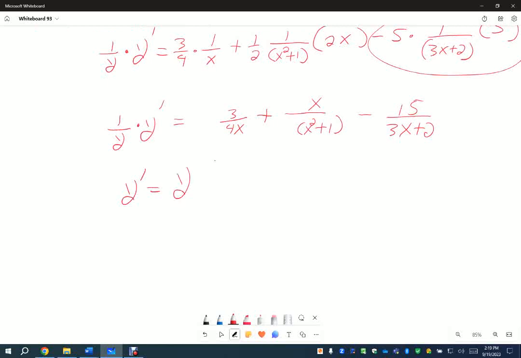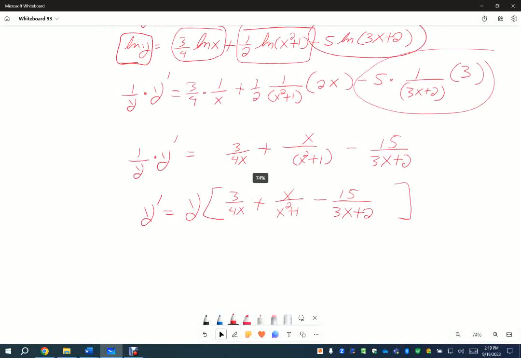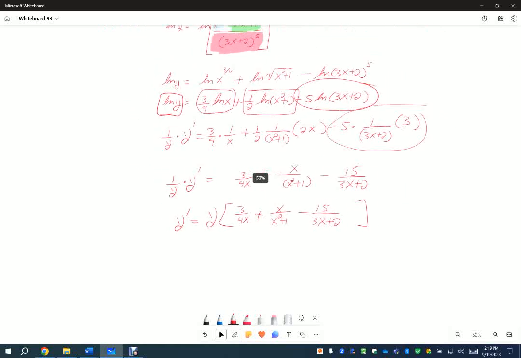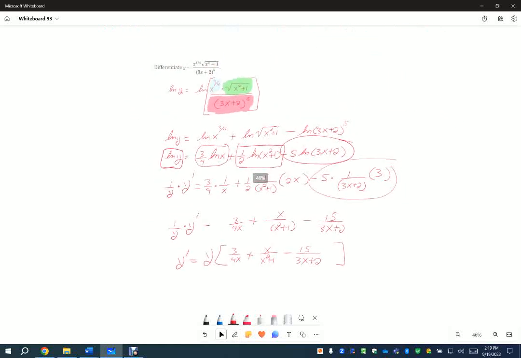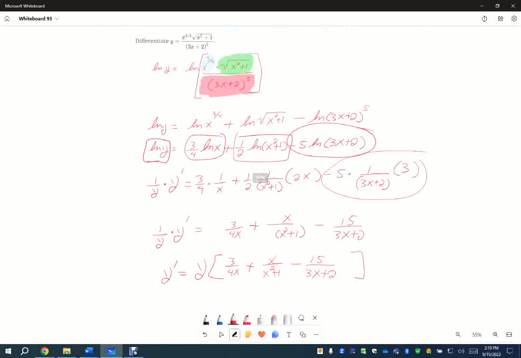So I have y times all of that, 3 over 4x, plus x over x squared plus 1, minus 15 over 3x plus 2. And the only thing we need to finish this is to know what y is. And y is my original question, which is x to the 3/4.